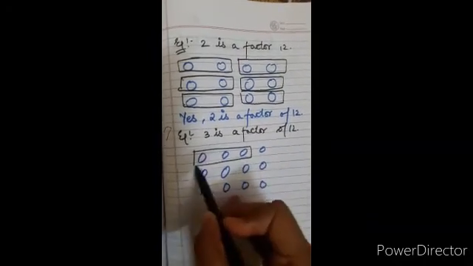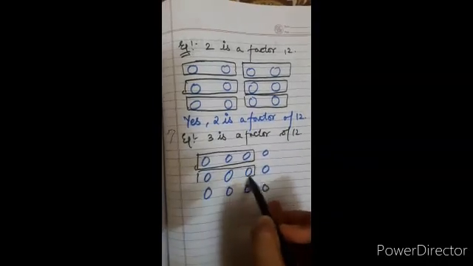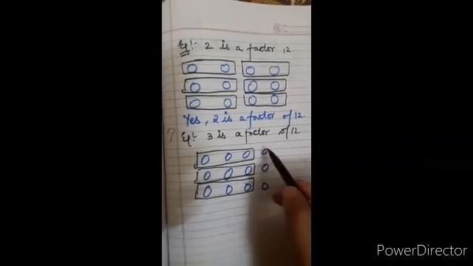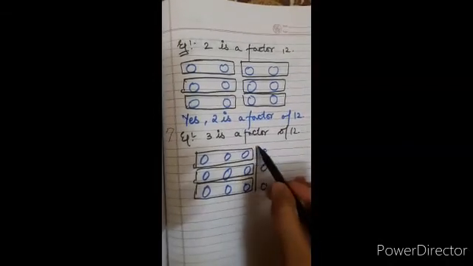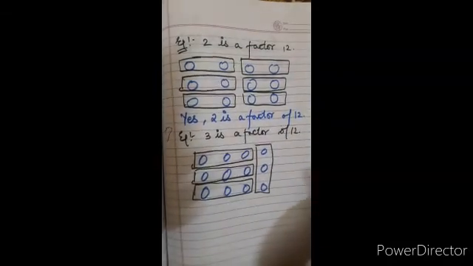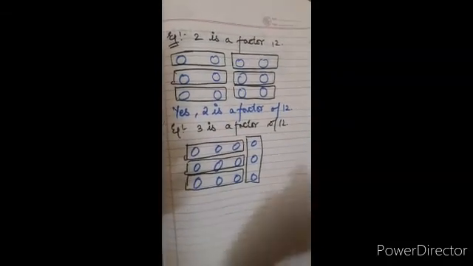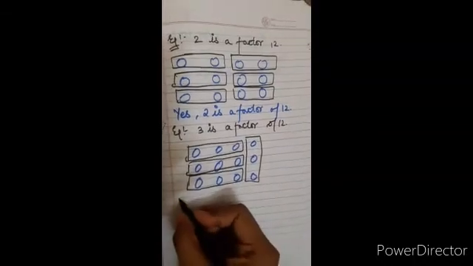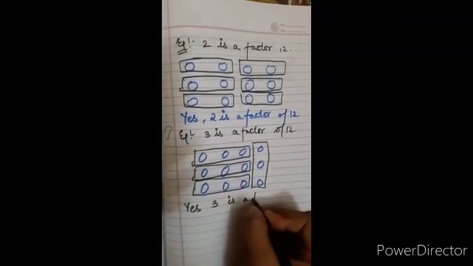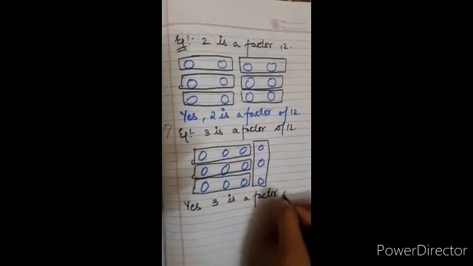So first group, second group, third group, we make groups of 3. How many balls are left? No, there is no ball left. It means yes, 3 is a factor of 12.